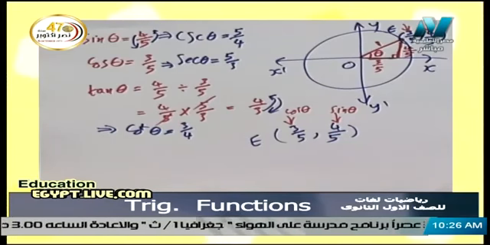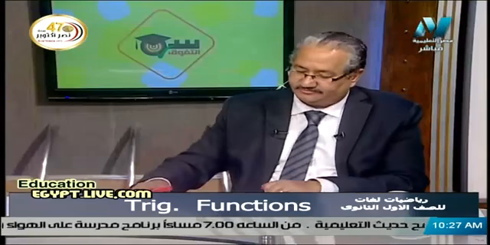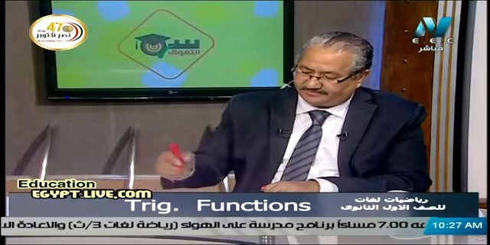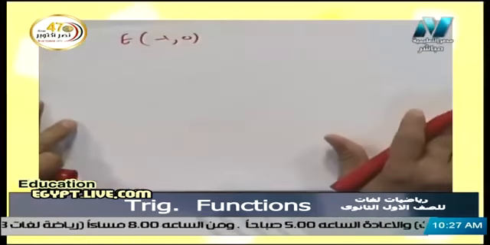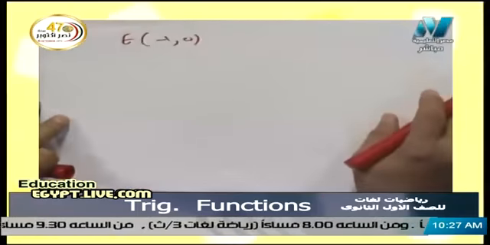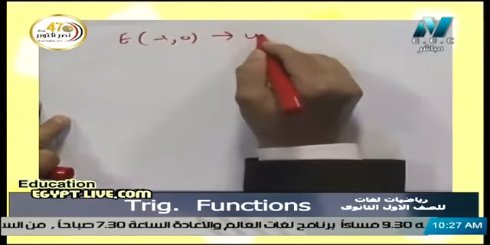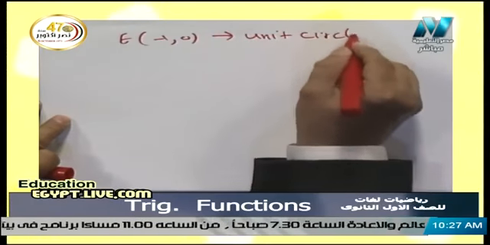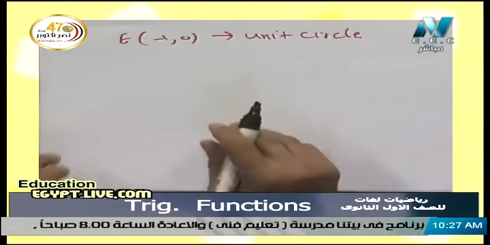Let's move to another example. If we have a point E, negative 1 and 0, which is a point in the unit circle, and the request is to find the trig functions of this point.